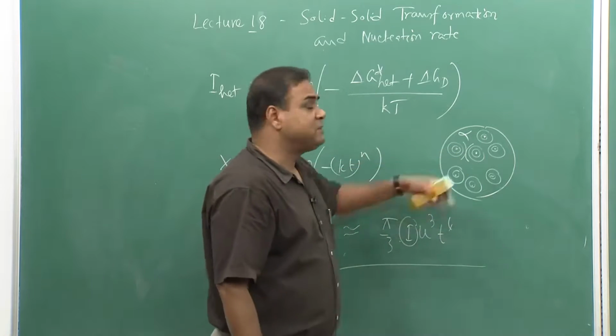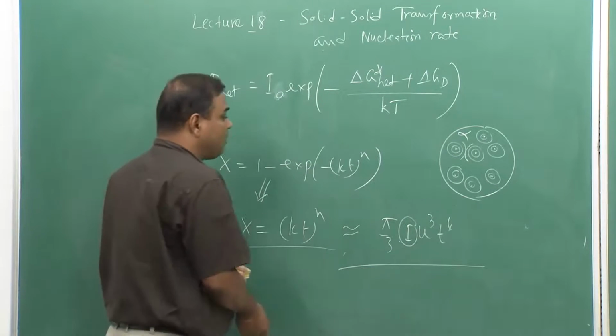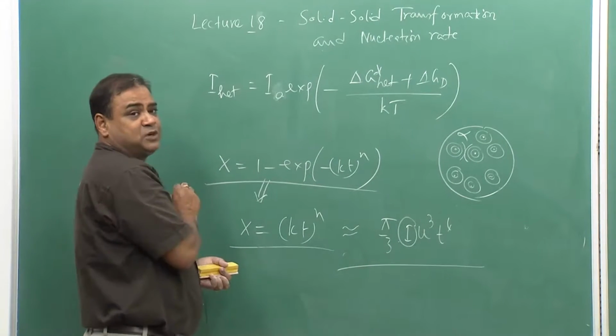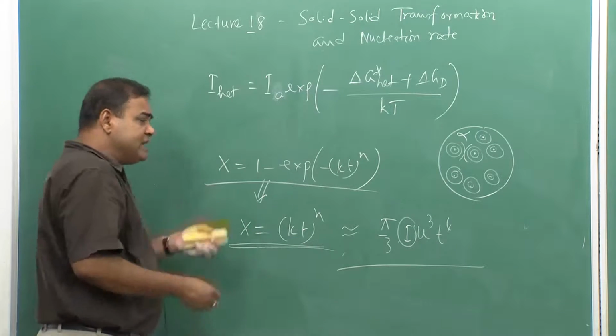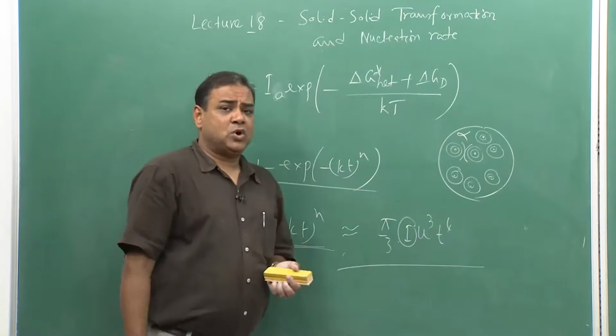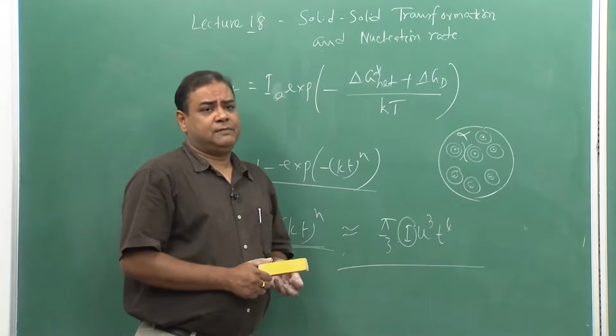So, that impingement factor would come in the form of this exponential term, but if there is no impingement, then it would be a power law. This entire thing will be taught by Professor Sangal.